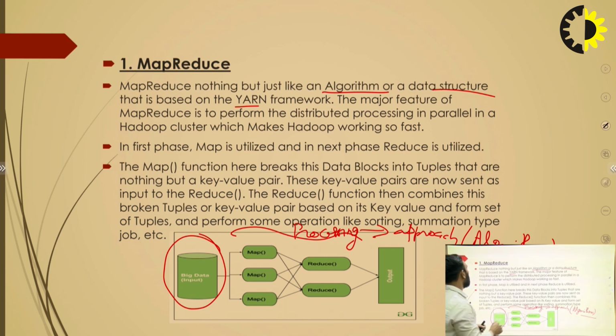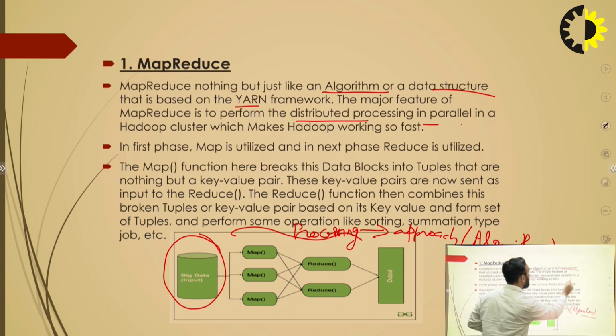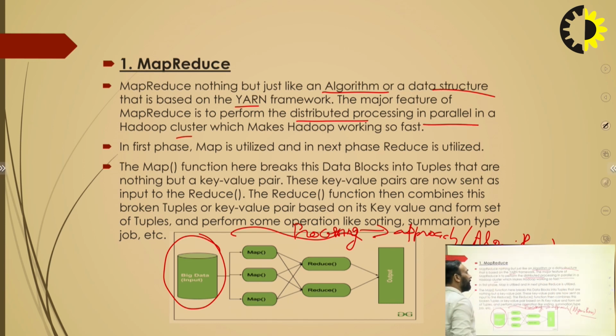The major feature of MapReduce is to perform distributed processing in parallel in a Hadoop cluster, which makes Hadoop work so fast. As I said earlier, it divides the data into small chunks, or we can say clusters, to store at different locations and then picks them and again combines them, so that valuable information is fetched from the different locations.